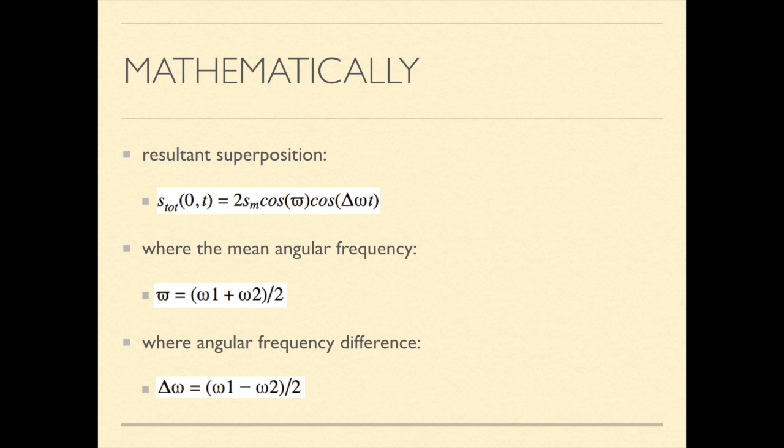So the mean angular frequency is actually the frequency at which we hear the new wave, or the product of the superposition, whereas the angular frequency difference is the rate at which the new wave modulates, or the modulation of its amplitude, which we can hear as the beat.